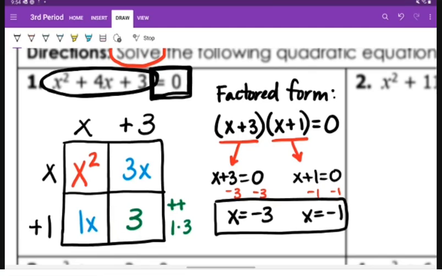Now, does anybody remember, before break, we did a little bit of practice with finding roots, and we noticed a pattern. If your factor has an x plus 3, you end up with the root minus 3. And if your factor has an x plus 1, you end up with the root minus 1. Remember that pattern we talked about?